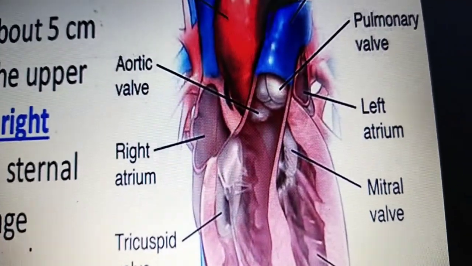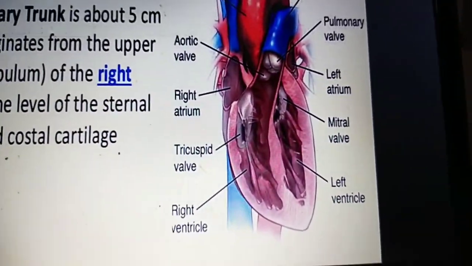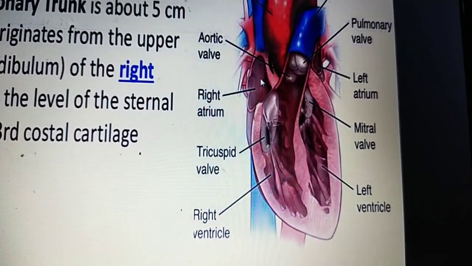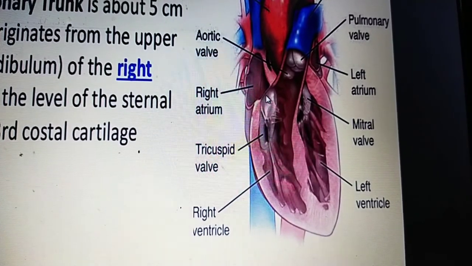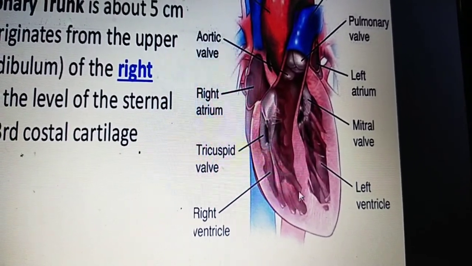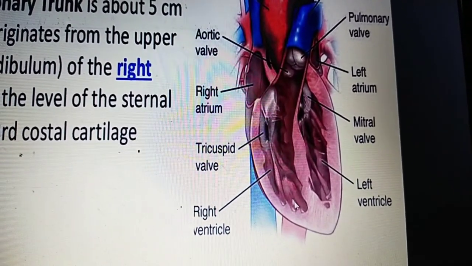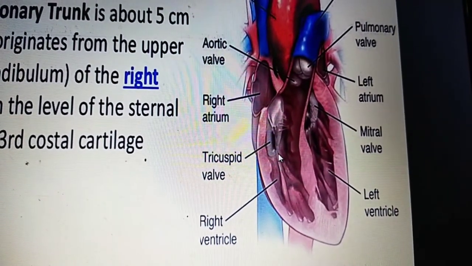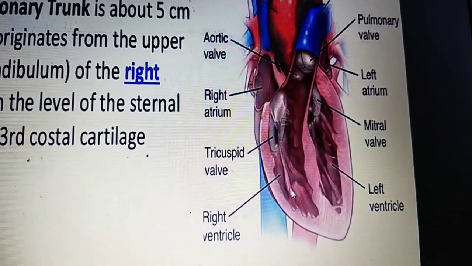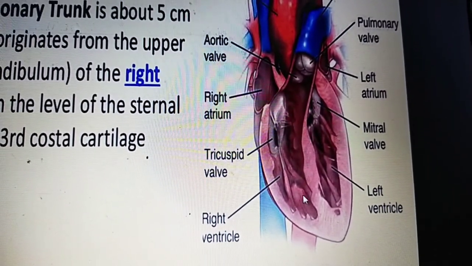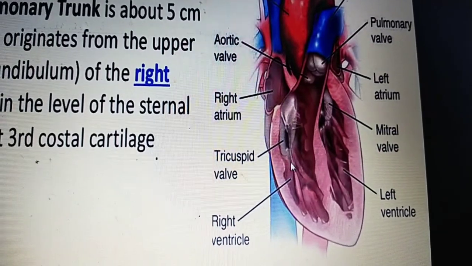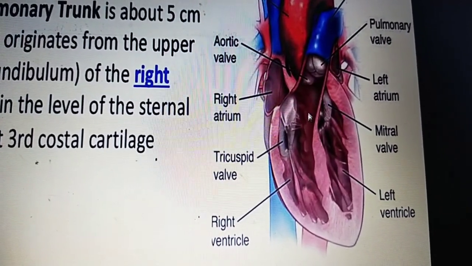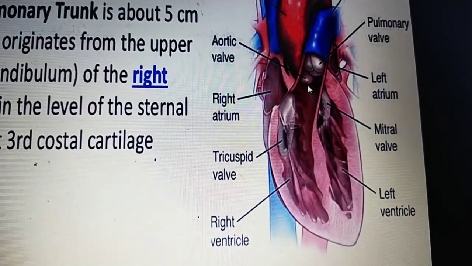You can see here, this is the right ventricle, this is the right atrium, and this is the atrioventricular wall or tricuspid valve, and this is the right ventricle, with the inflow tract and the outflow tract. The inflow tract is irregular because of the presence of the papillary muscles, trabeculae carneae and the chordae tendineae, and here there is an absence of the chordae tendineae, papillary muscles and trabeculae carneae.